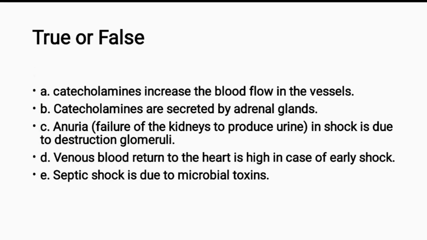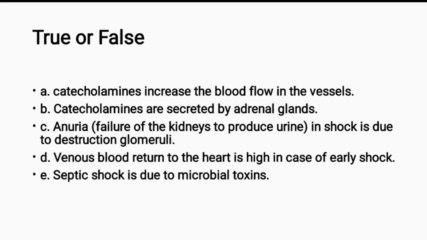True or false question. A. Catecholamines increase the blood flow in the vessels. Is it true or false? B. Catecholamines are secreted by adrenal glands. True or false? C. Anuria, failure of the kidneys to produce urine in shock, is due to destruction of glomeruli.